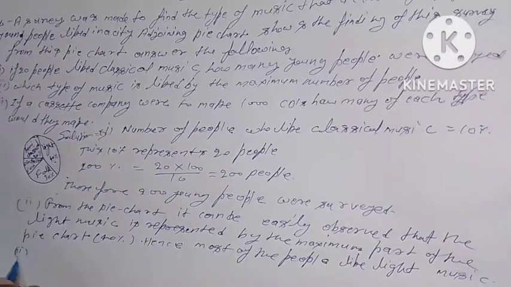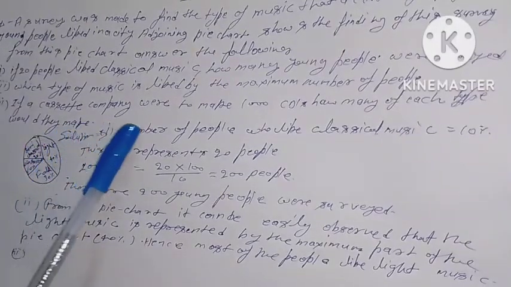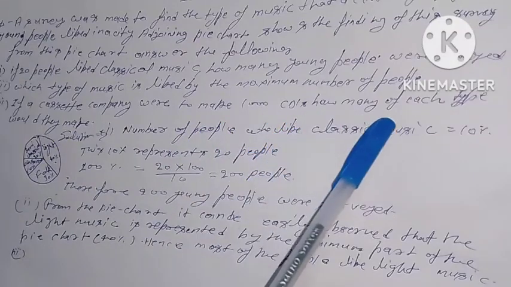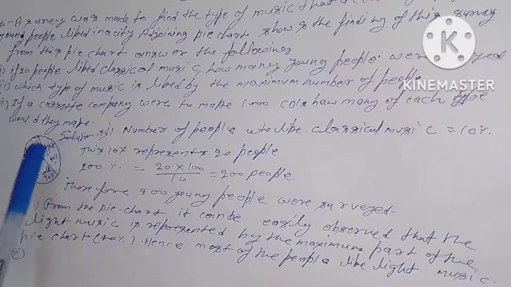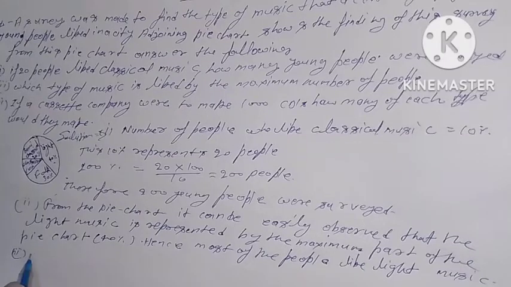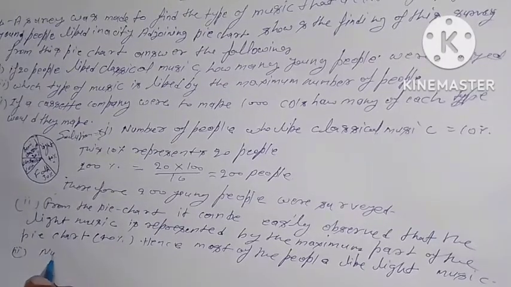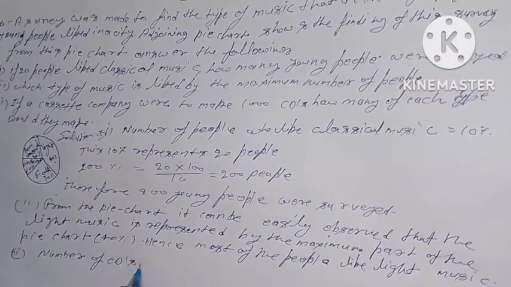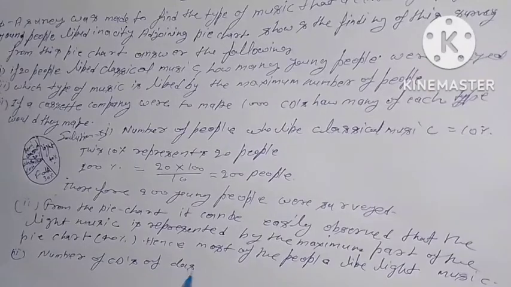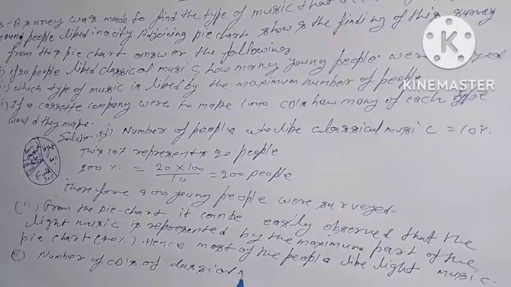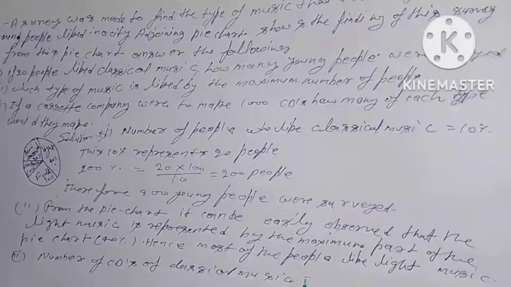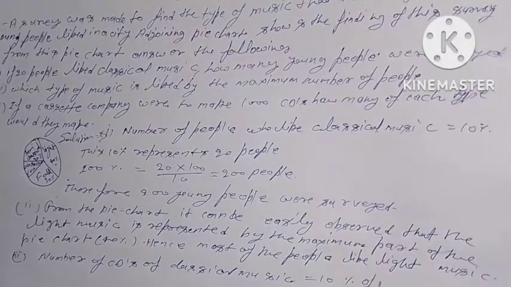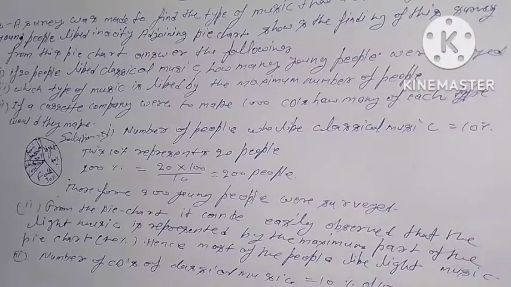Third, question number 3. If a cassette company were to make 1,000 CDs, how many of each type would they make? Okay. The number of CDs of classical music equals 10% of 1,000.